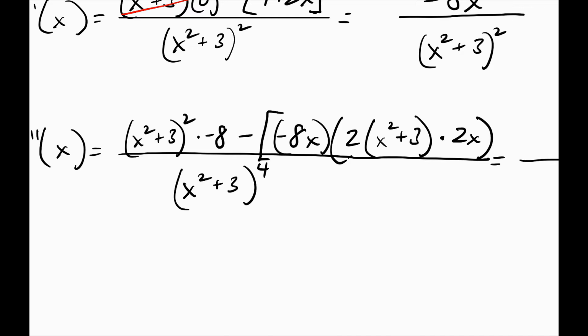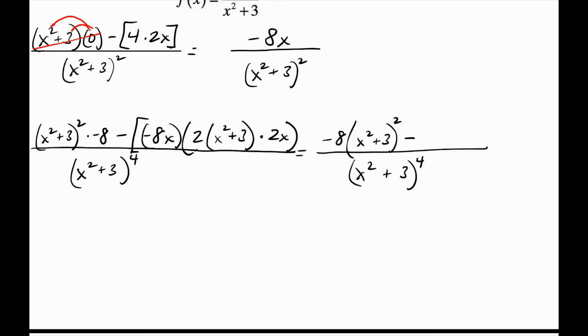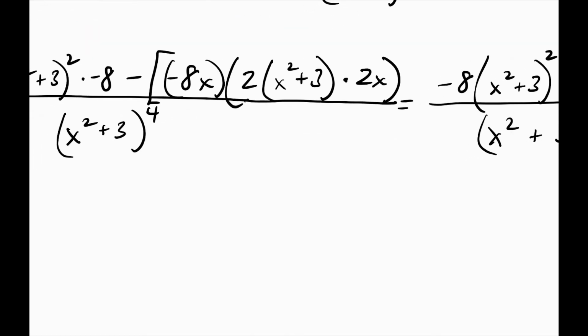So it's just negative 8 in front times x squared plus 3, squared, minus. Over here, I have a lot of multiplication: this times this times this times that.